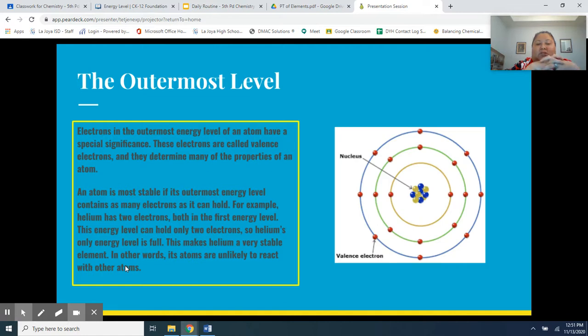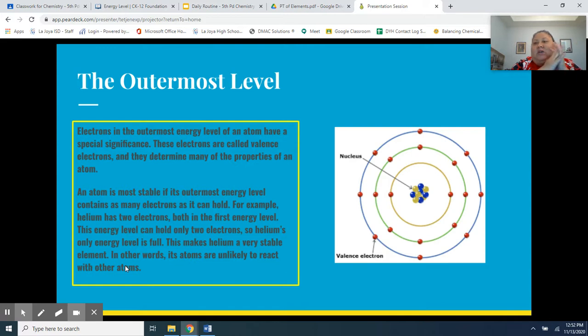An atom is most stable if that outermost energy level contains as many electrons as it can hold. For example, helium. Helium has 2 electrons, both in the first energy level. According to what we know from the last couple slides, energy level number 1 can only hold 2 electrons. So if you have the maximum number of electrons for that energy level, you are considered a stable atom, and you're not going to want to react with anybody else.